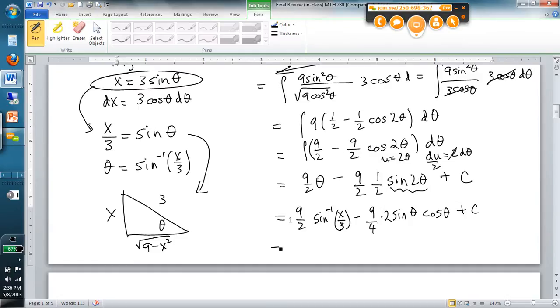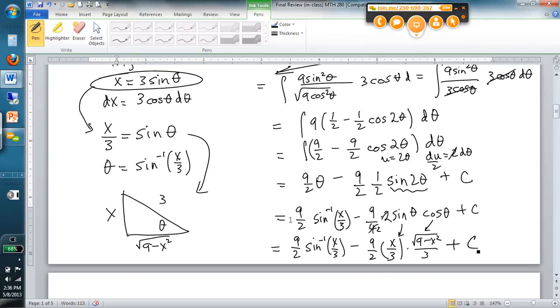So it's going to be 9/2 sine inverse x over 3 minus, that cancels there, so that would be 9/2. And then sine of theta is x over 3, and cosine of theta is square root of 9 minus x squared over 3. It's all coming back to you, right?